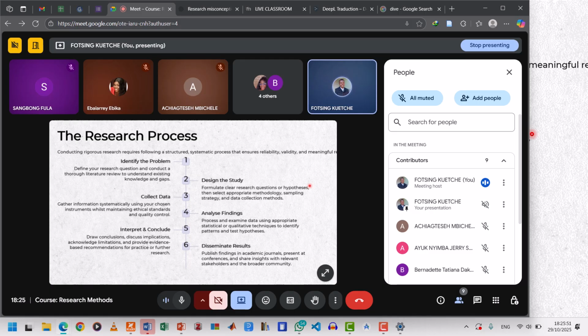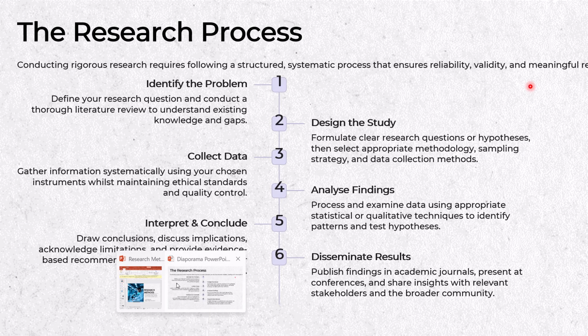Yes, we can call it a research if I had the insight, if I had the interpretations of those data. For example, let's go back to the results that we had.